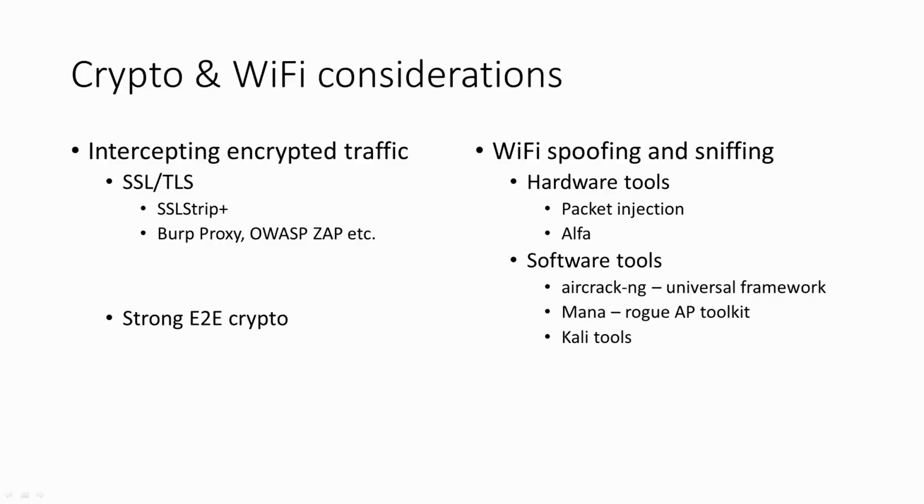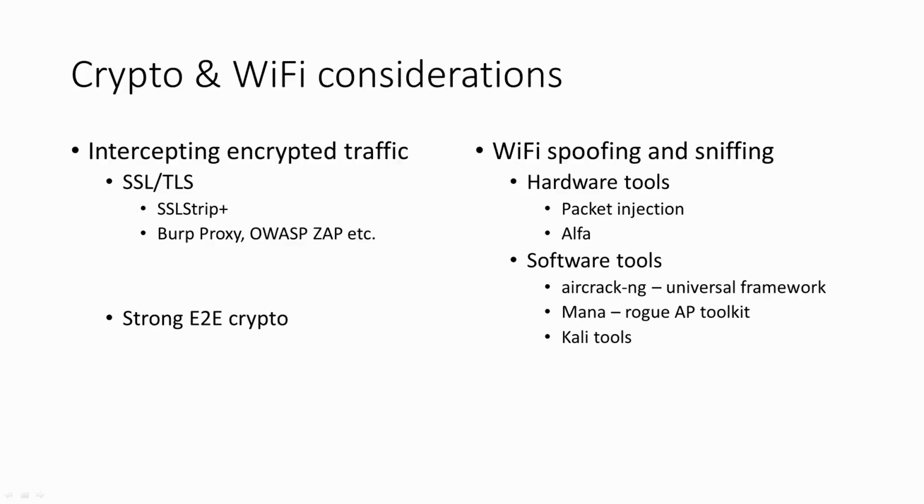Okay, what to do when you encounter strong end-to-end crypto, like in, I don't know, iMessage, Signal, or Viber, or WhatsApp, or secret chats in Telegram. Practically right now, these types of communication are deemed quite protected. I don't know of any publicly available means of circumventing that protection.